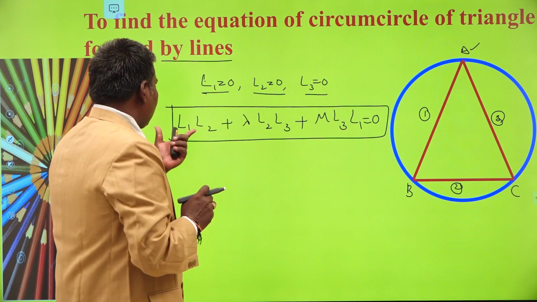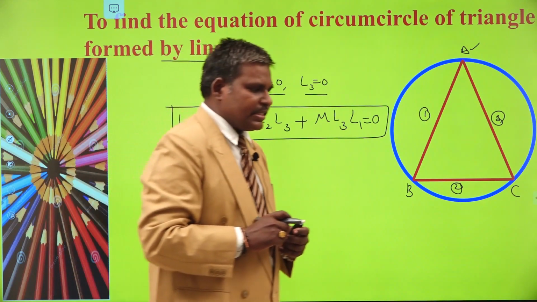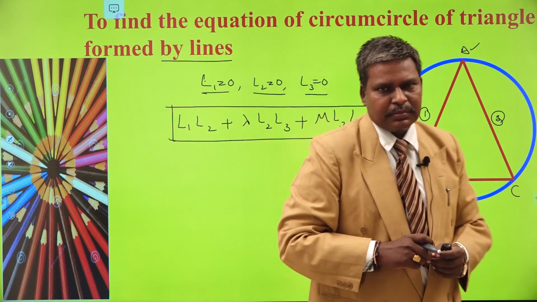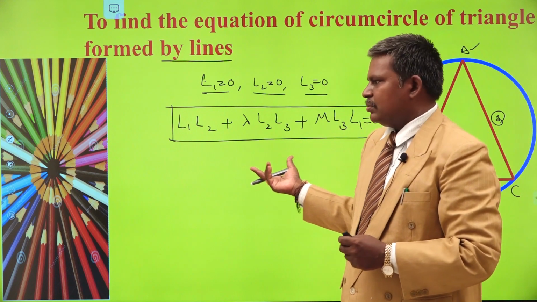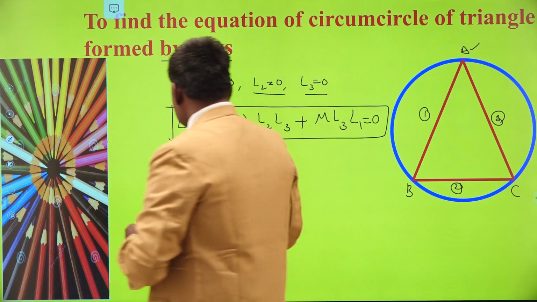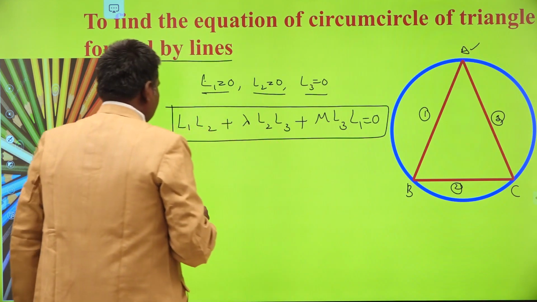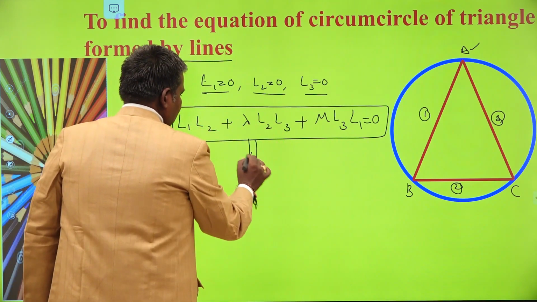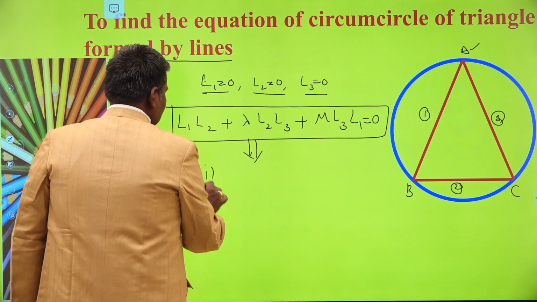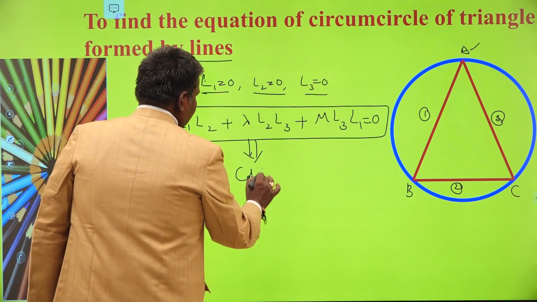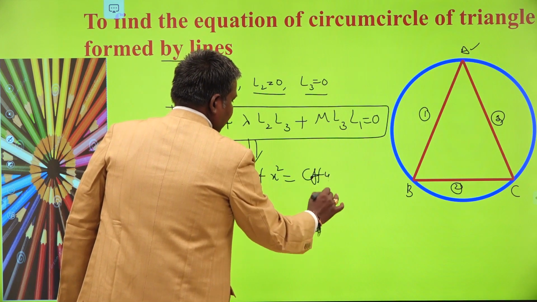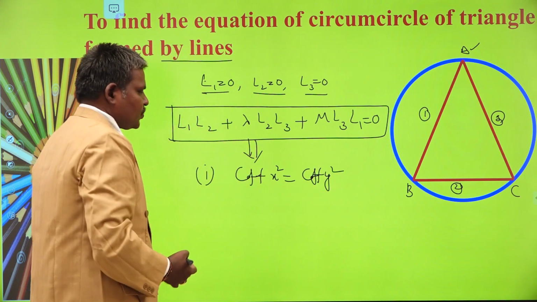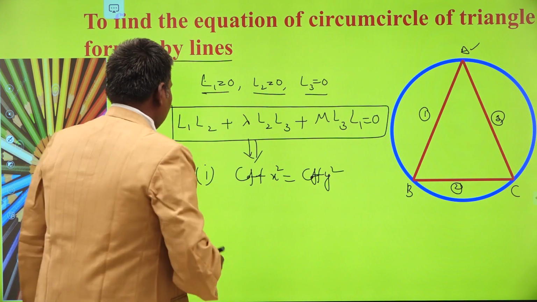Can you tell me when a second degree equation represents a circle? The coefficient of x square is equal to the coefficient of y square and the xy term is absent. So for this equation, you have to apply the conditions. Number 1, the coefficient of x square is equal to the coefficient of y square.